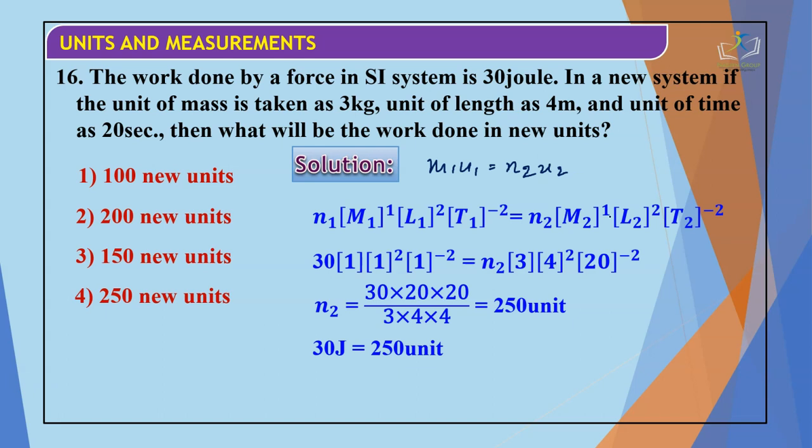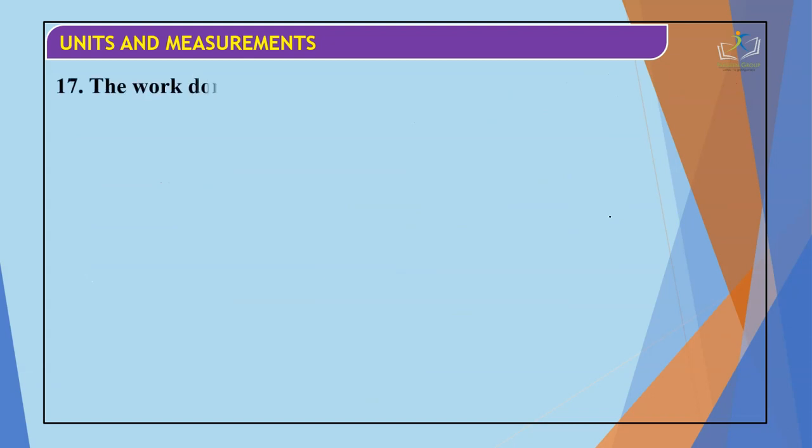So 30 joule is equal to 250 Newton because of 1 unit. So 30 by 250, according to that, 0.12 joule. Now, actually we calculated here for 1 unit, but the answer is only asked for the value of n2. So this is the D option.